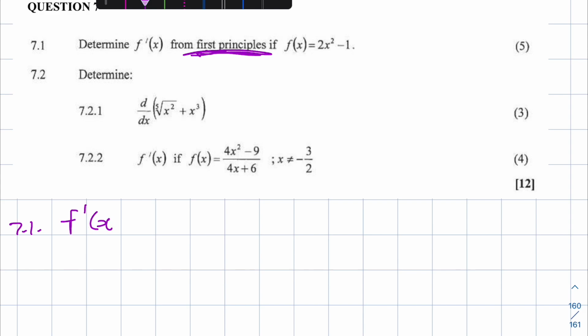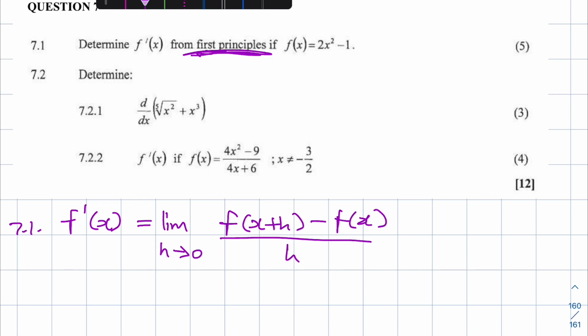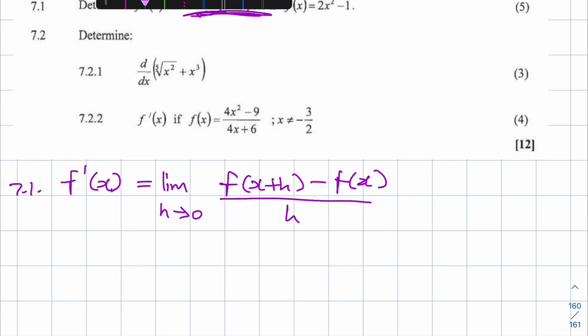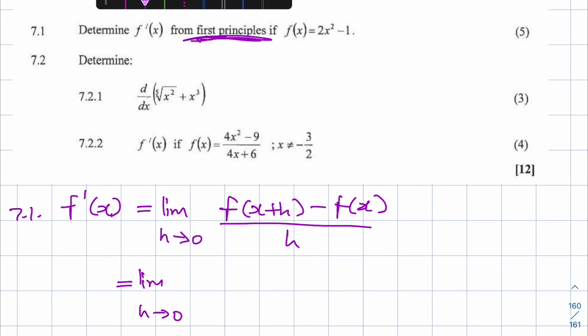f prime of x is equal to the limit as h approaches 0 of f of x plus h minus f of x, all over h. Then we continue: limit as h approaches 0, f of x plus h.